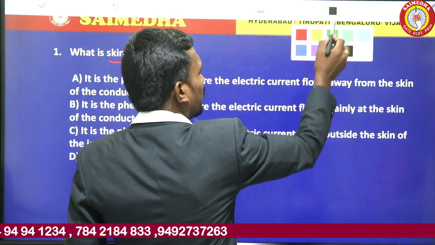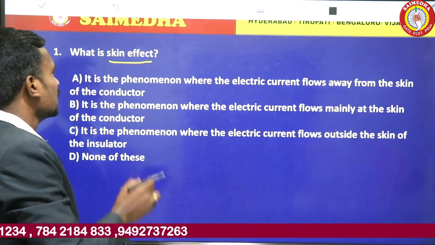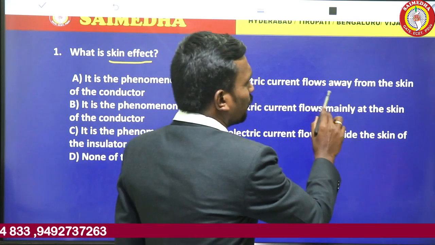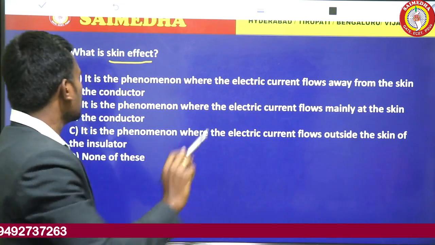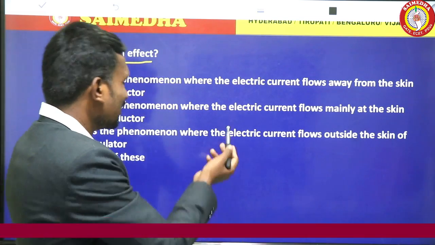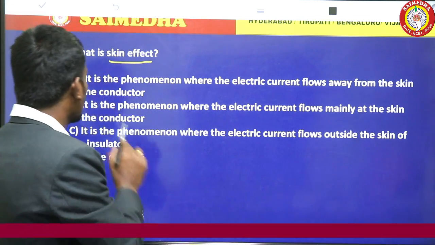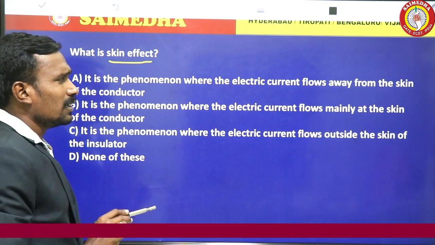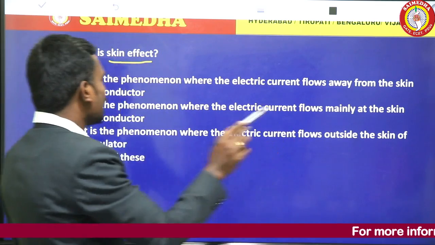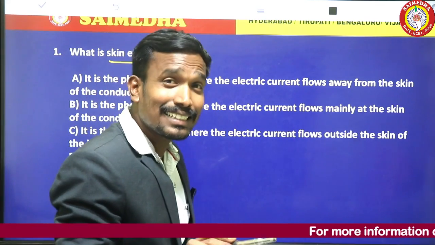Generally, the skin effect is the phenomenon where the electric current flows away from the skin of the conductor. Is it? Go for the next option. It is the phenomenon where the electric current flows mainly at the skin of the conductor.